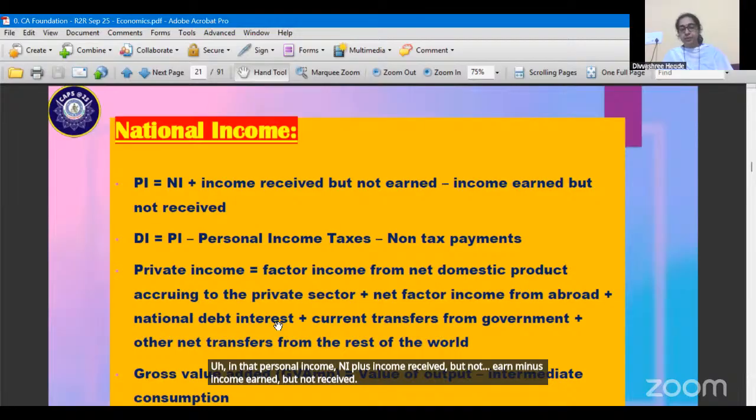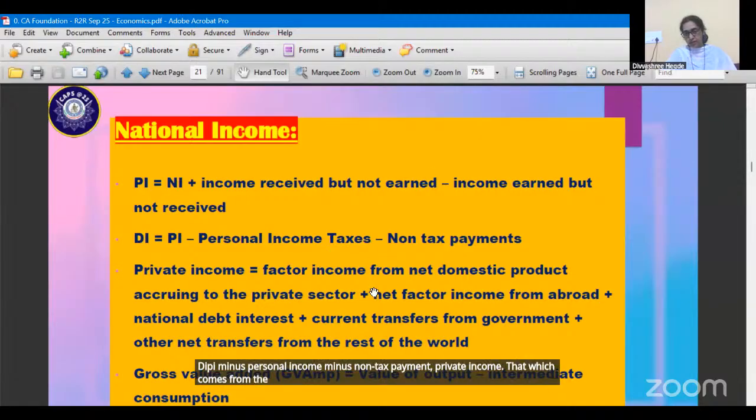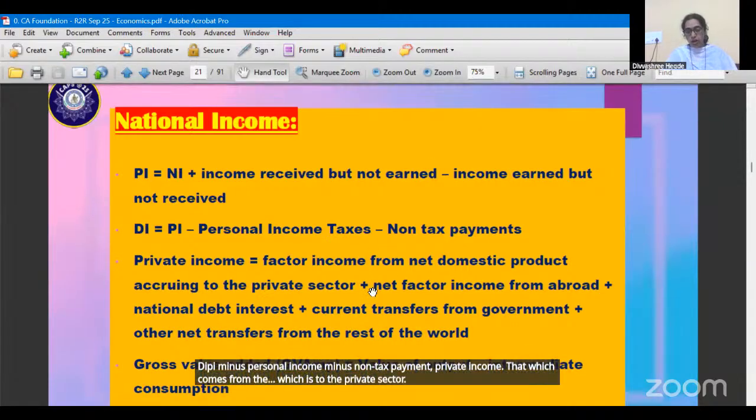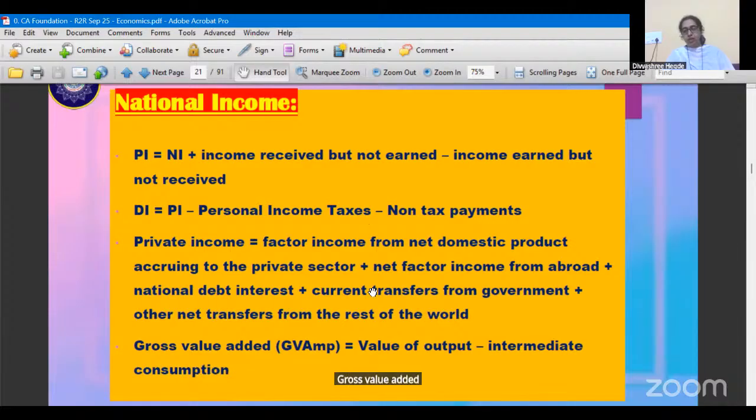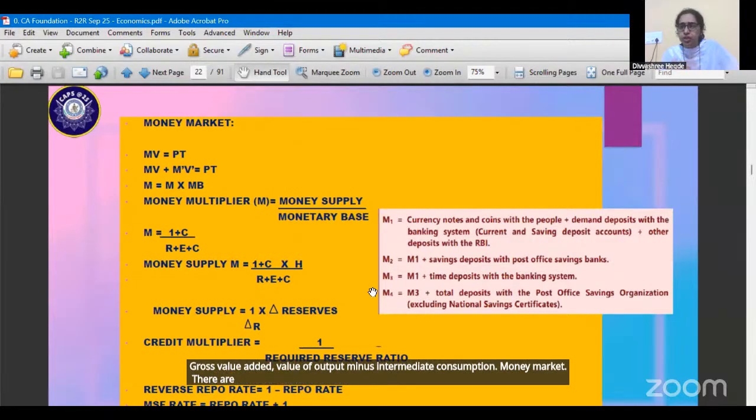DI is PI minus personal tax payments and non-tax payments. Private income is that which accrues to the private sector. Gross value added is value of output minus intermediate consumption. Money market: there are so many other equations also from national income accounting. I hope you remember the logic of how to convert.